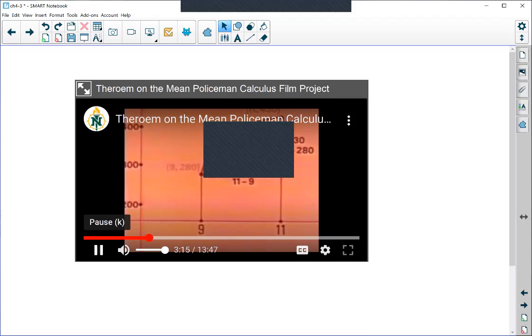And so somewhere we had a speed of 430 minus 280 over 11 minus 9, which is 75 miles an hour. He calls this f prime of c.